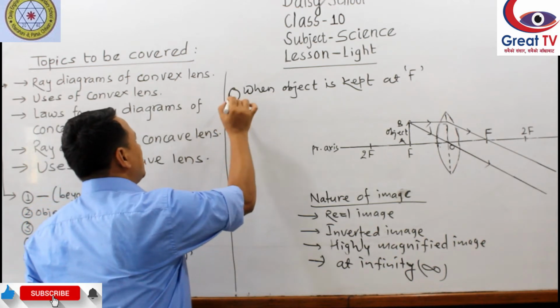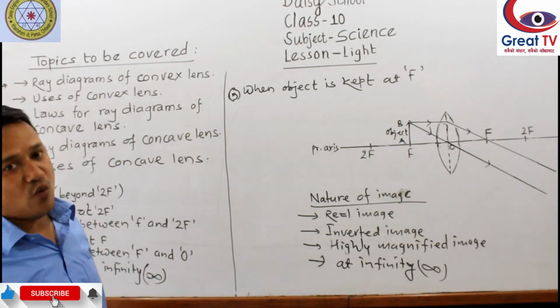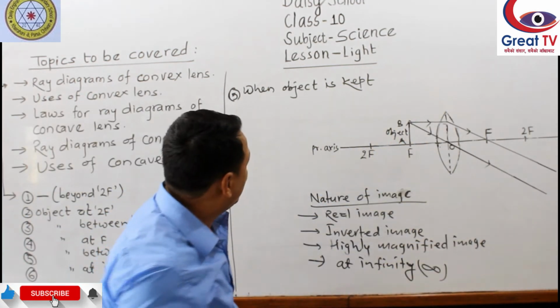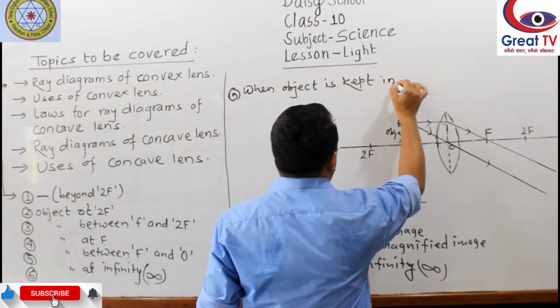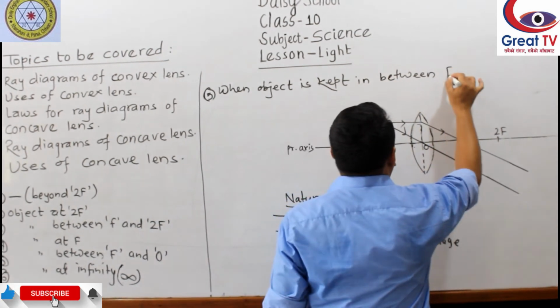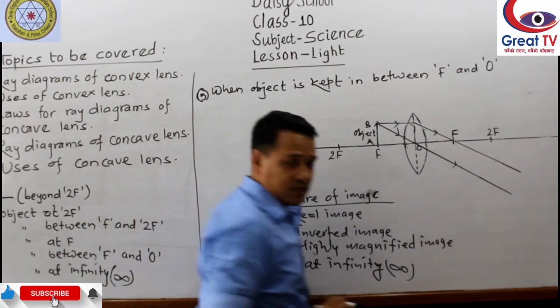Fifth ray diagram, when the object is kept in between F and O. O means optical center.